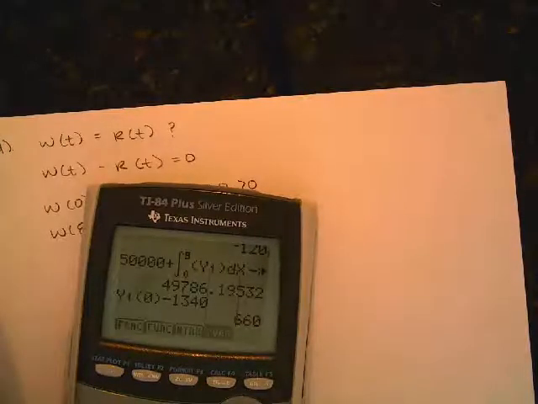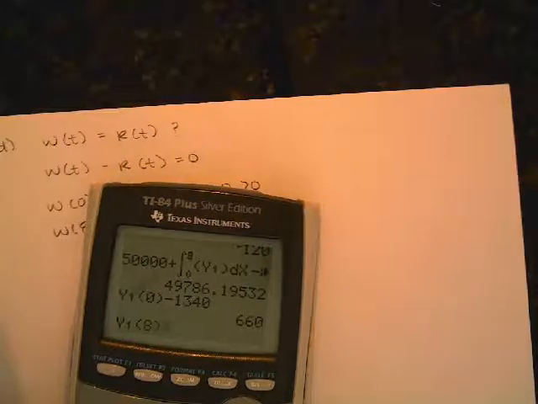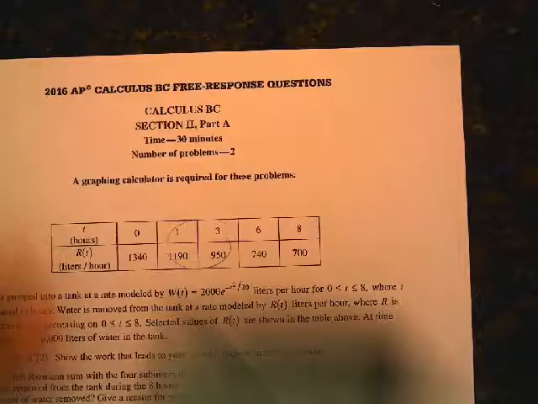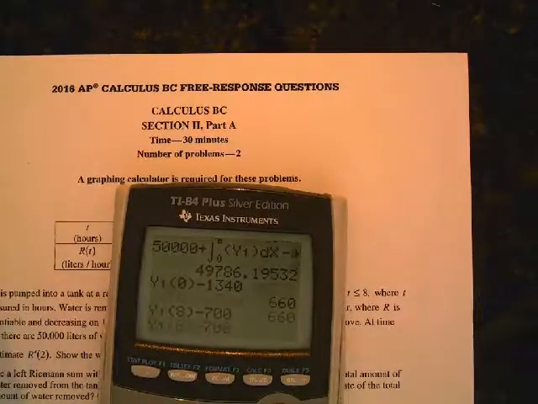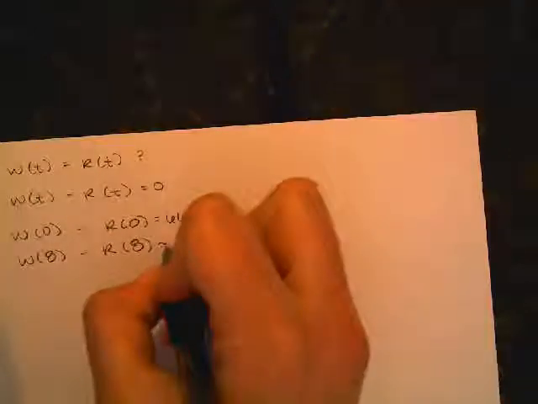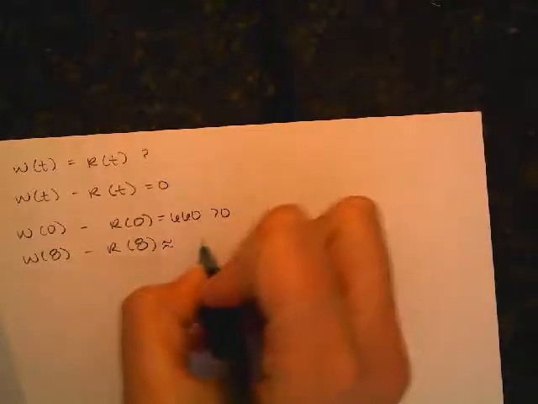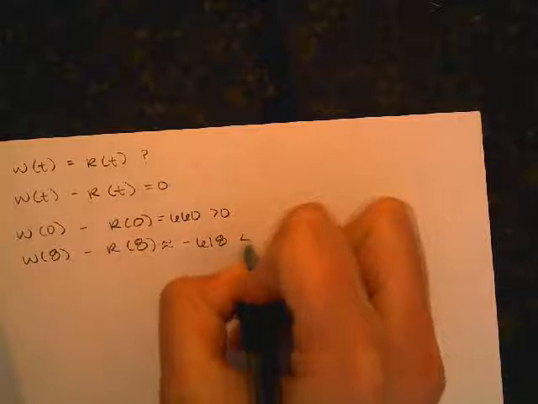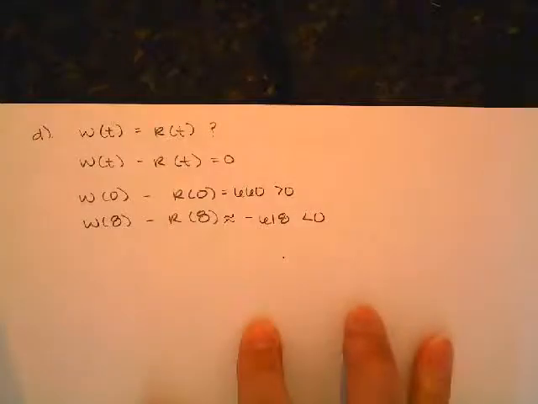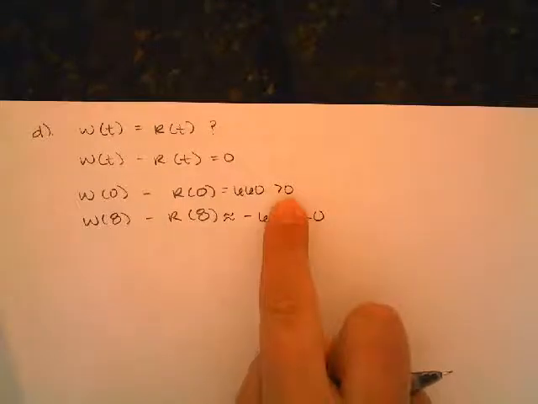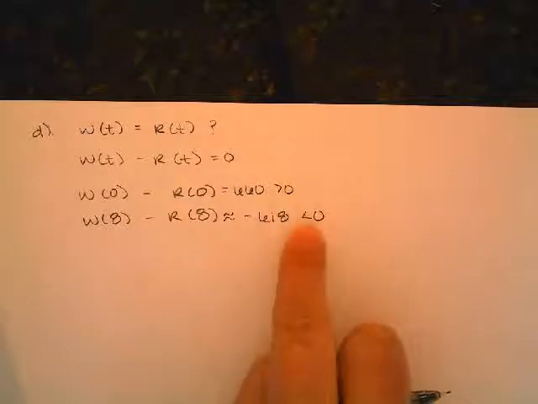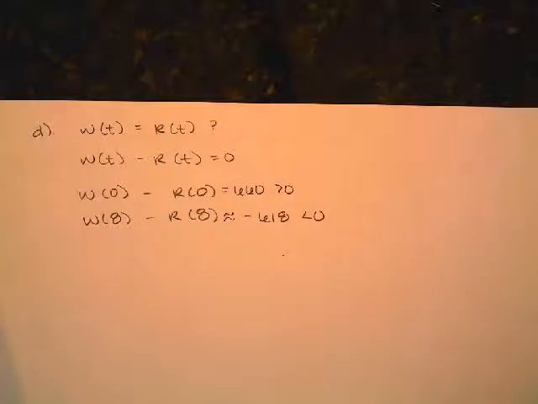So W of 8 minus R of 8 is 700 minus the R value, which is a negative value, negative 618, which is less than 0. So since on one end of the interval you have something greater than 0, and on the other end something less than 0, then somewhere between those you're going to hit 0 exactly, which means that the two rates are going to be equal to each other.